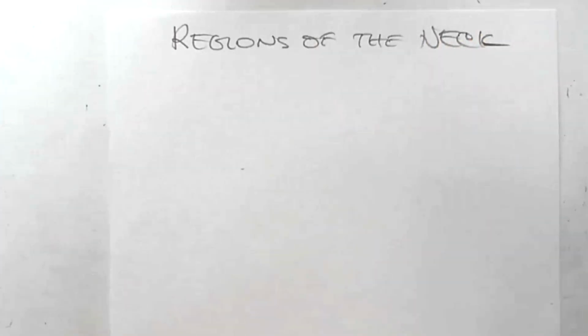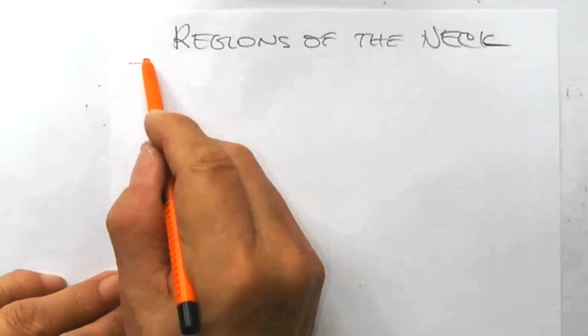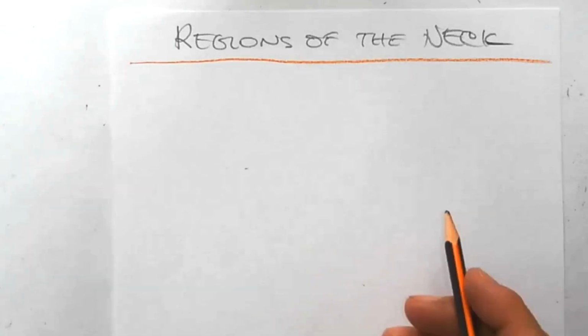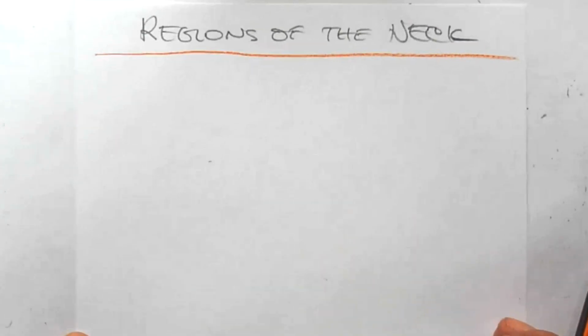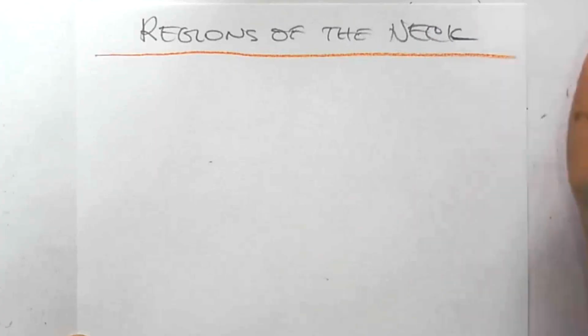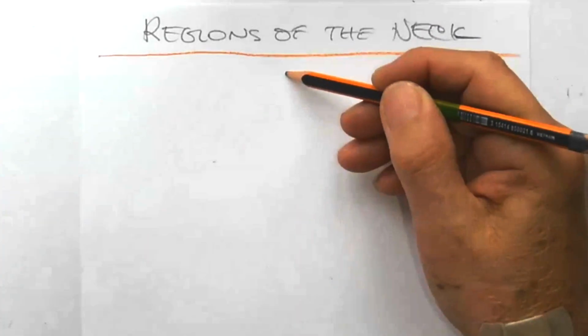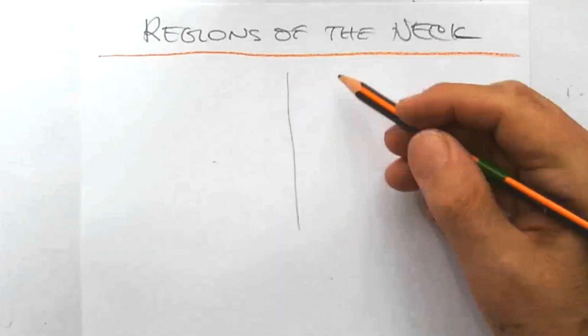regions of the neck, and looking at the regions, first of all, maybe one drawing would be better as an illustration than a long description. So we would look at the half. This is the best.